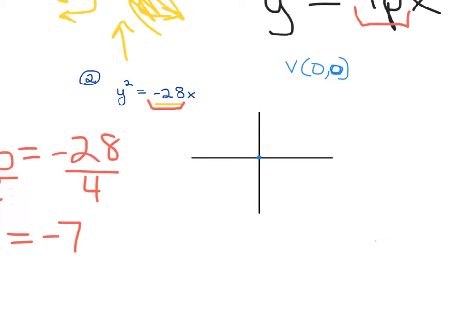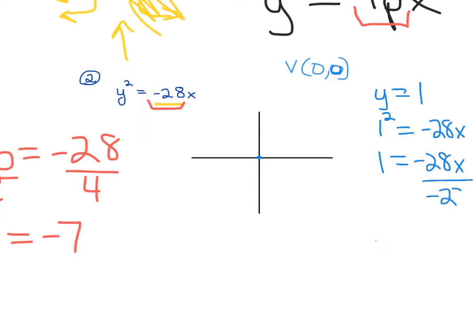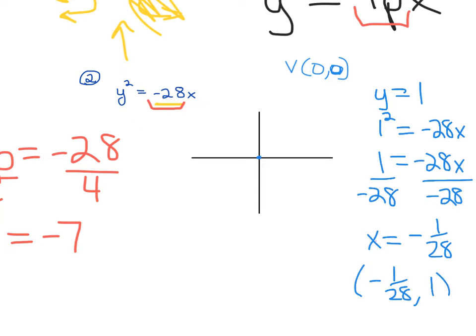So if I plug in y equals 1, I get 1 squared equals negative 28x. 1 squared is 1. Divide by negative 28, and x is equal to negative 1/28. So the ordered pair I'm going to graph is negative 1/28 and 1.